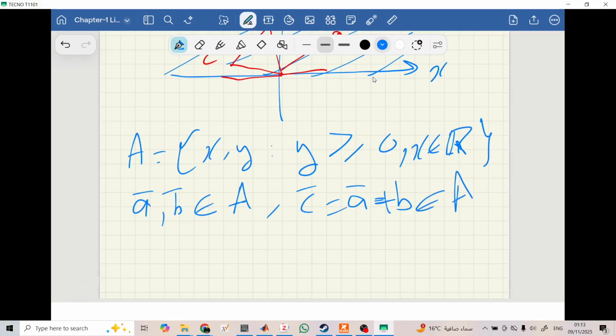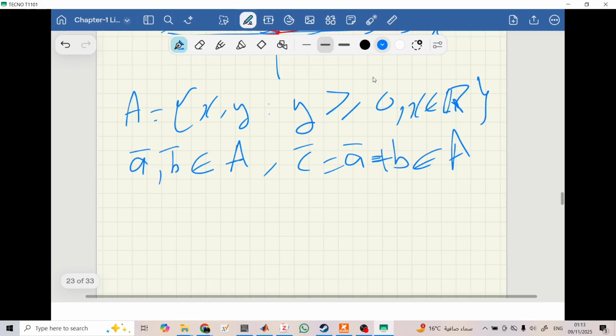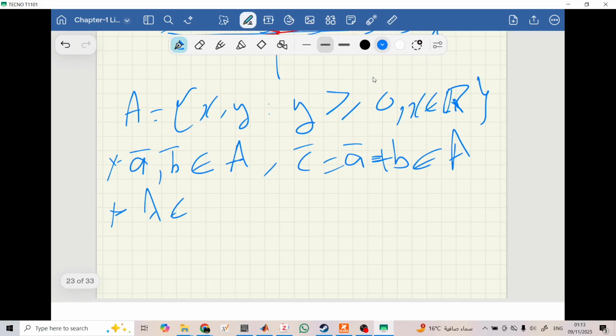How about multiplication? We have lambda that belongs to R, and A, as we said earlier, belongs to the set A. Does the vector B equals lambda A belong to A? No. Why?